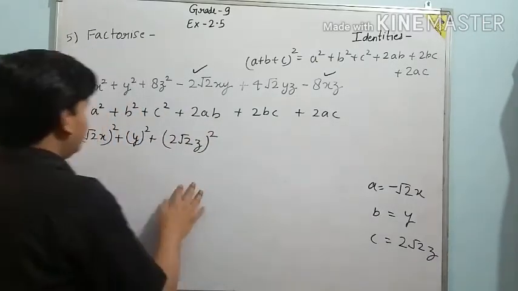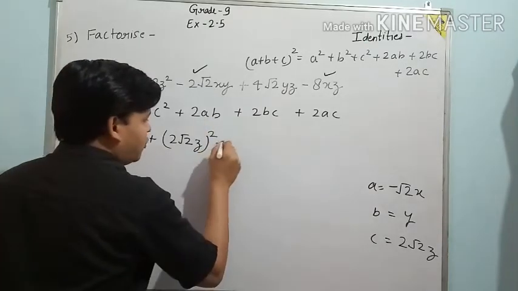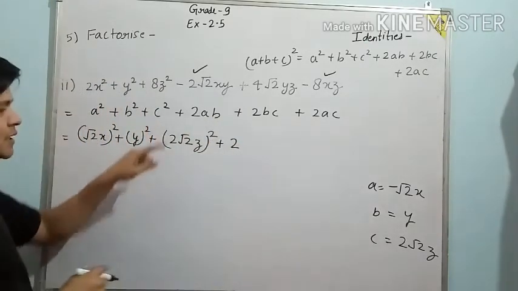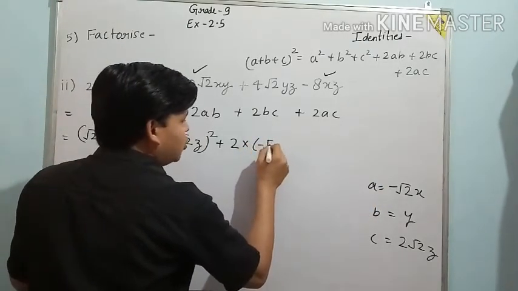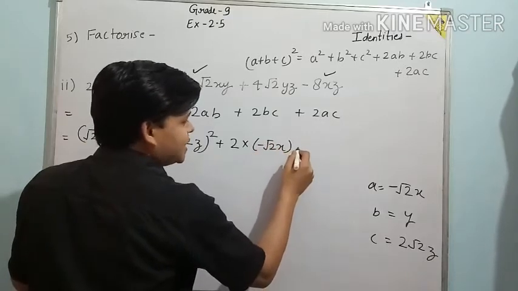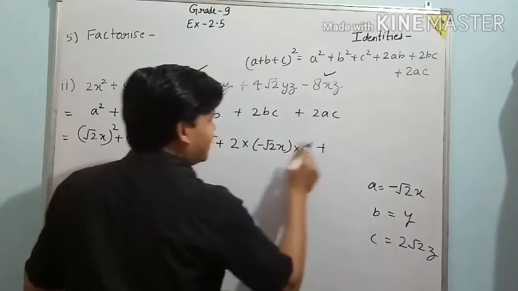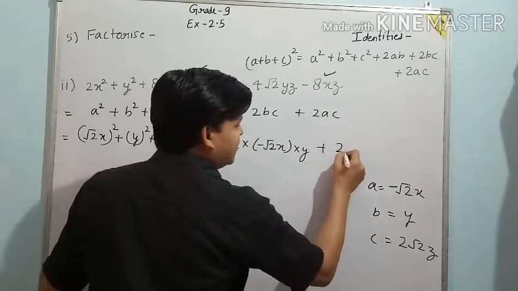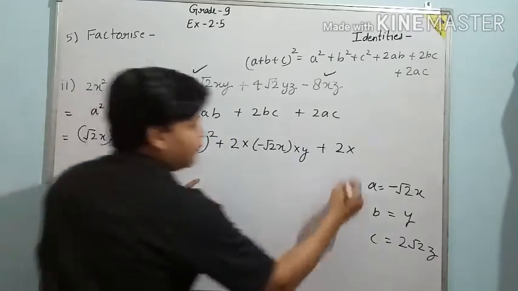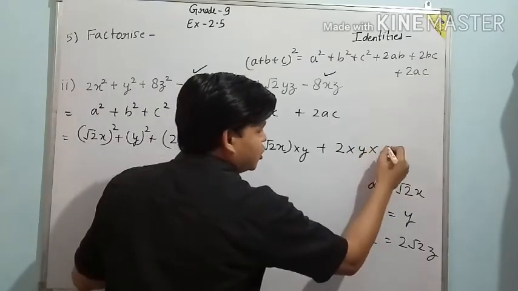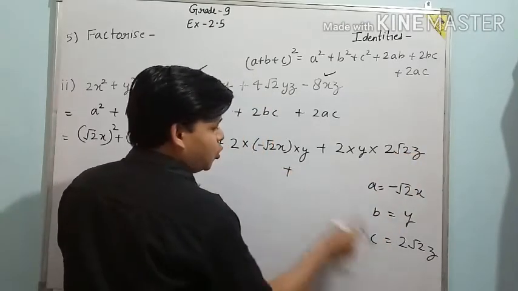So now let's move forward. As I told you, a square, b square, c square are ready. Now we have to make 2ab. So a is this, multiply minus root 2x and b is y. Then once again plus 2bc, so 2bc means 2 into bc. What is b? B is y and c is 2 root 2 and z, and the last is 2ac.